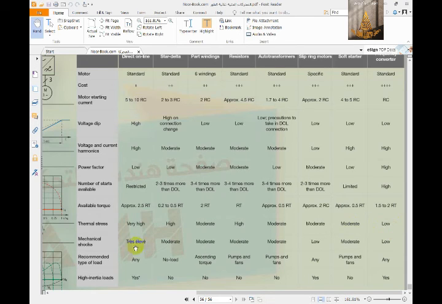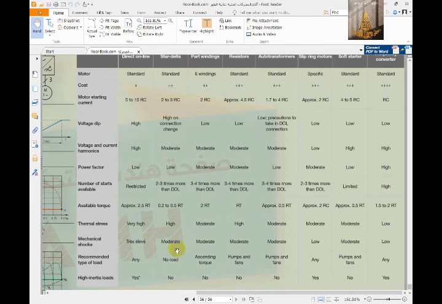Mechanical shocks. For direct online, like it's written in French, très élevé, it's very shocking, because direct online is shocked with a high current.